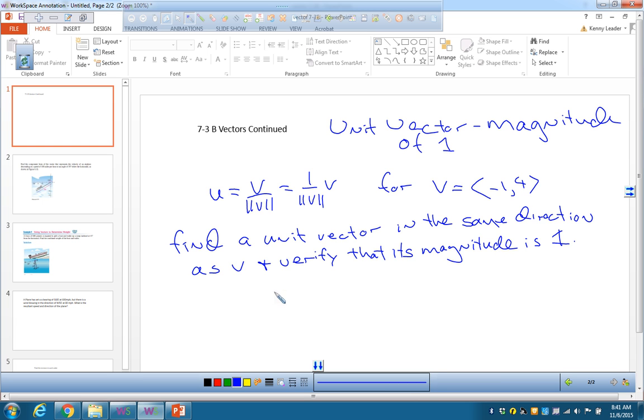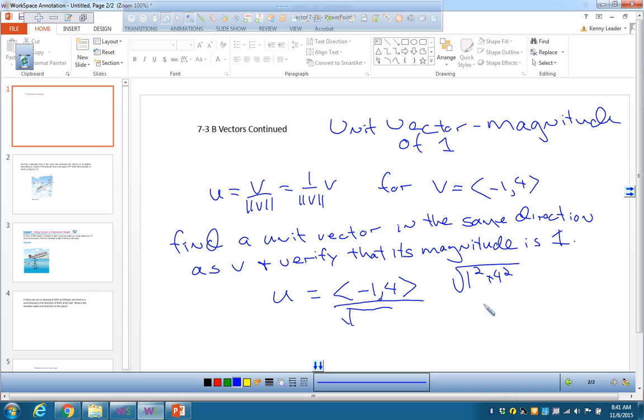So u in this case is going to be the vector -1, 4, and I'm going to divide it by its magnitude. Its magnitude is the square root of something. It's equal to v over the magnitude of v, and that's going to be the square root of 1 squared plus 4 squared, because that's the magnitude of vector v.